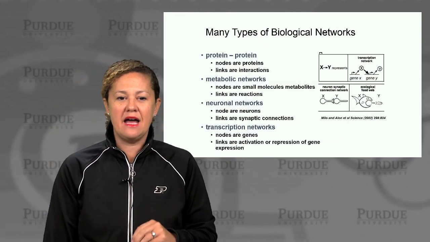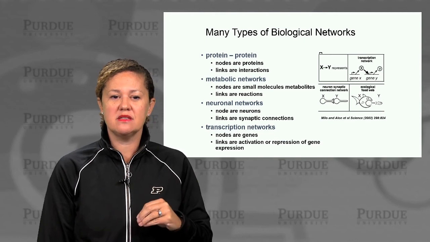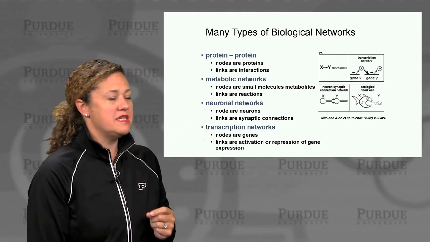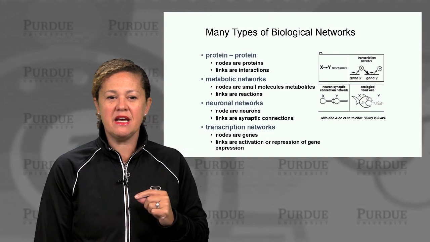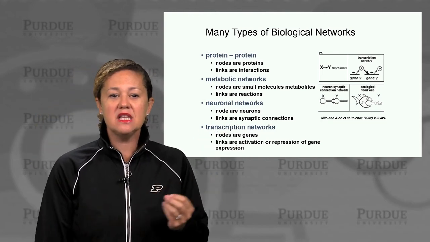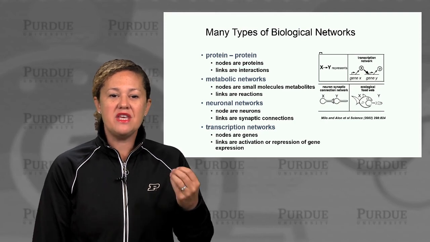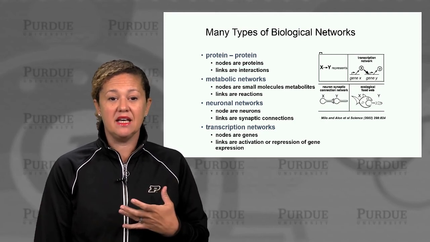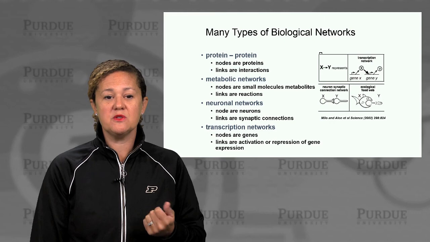So there are many types of biological networks, such as protein-protein networks. In protein-protein networks, the nodes represent individual proteins, and the links or the edges are the interactions such as binding or other interactions between those proteins.